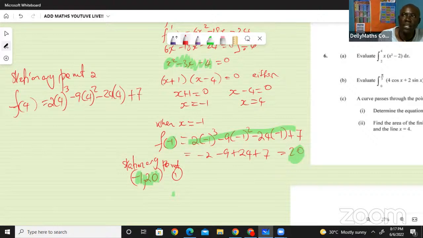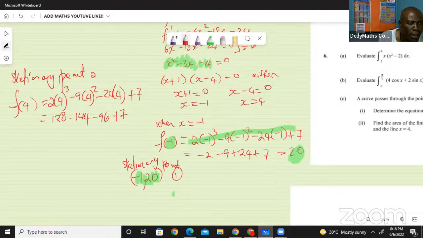So I am evaluating them. This is going to give me 4 times 4 times 4, 64, and 64 times 2 is 128. 4 squared is 16, and 16 times 9 is 144. Minus 24 times 4 is 96.